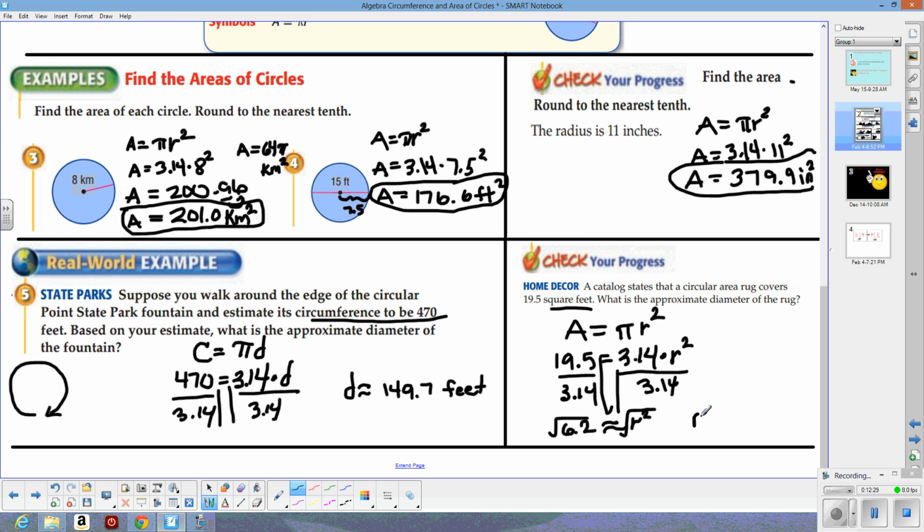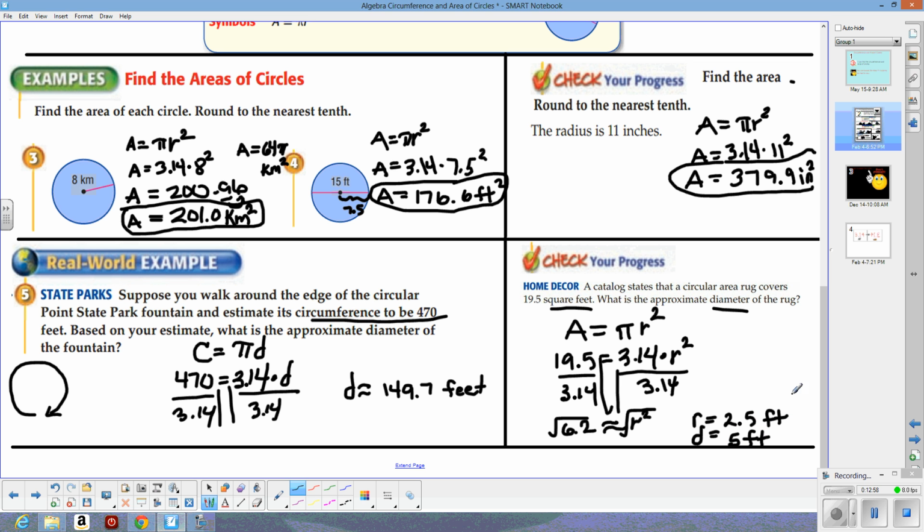And you get r equals about 2.5. It's like 2.489 and so on. So about 2.5 when rounded to the nearest tenth. 2.5 feet. But we don't want to know the radius, we want to know the diameter. So if the radius is 2.5, the diameter is going to equal about 5 feet.